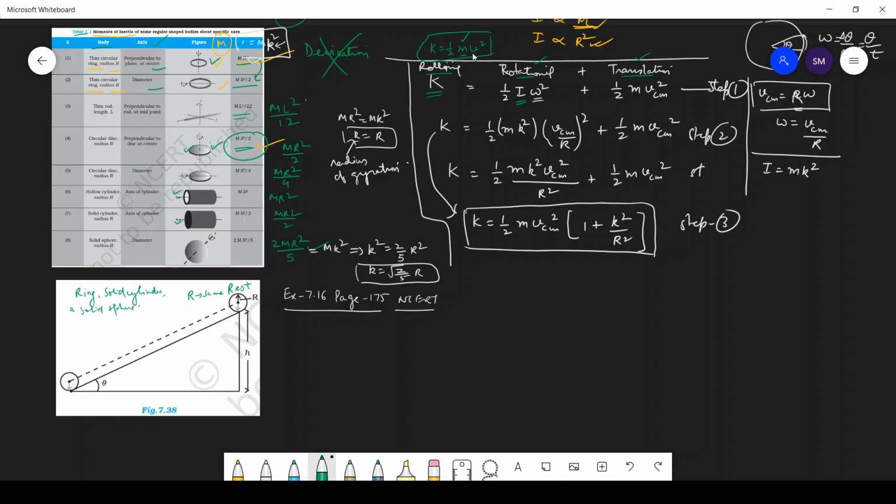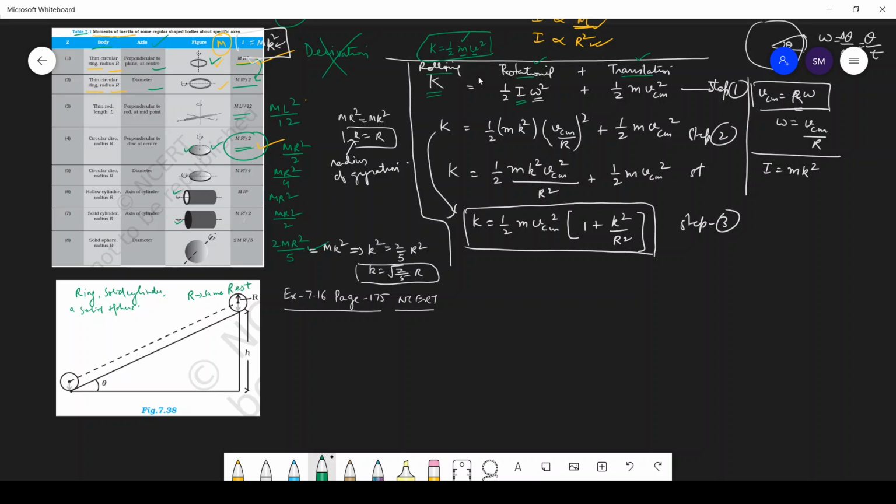If a body is moving, it will not let the body stop, and if a body is at rest, it will not allow it to move unless some external force is applied to it. Similarly, in rotational motion, this I, moment of inertia, does not allow a body to rotate, and if it is rotating, it doesn't want the body to stop rotating. So the same role as mass plays in linear motion is played by moment of inertia here.